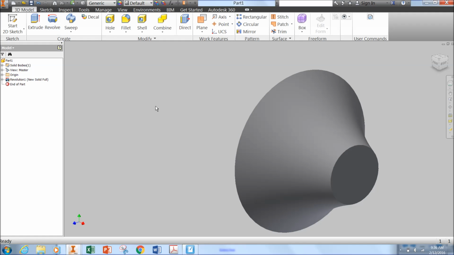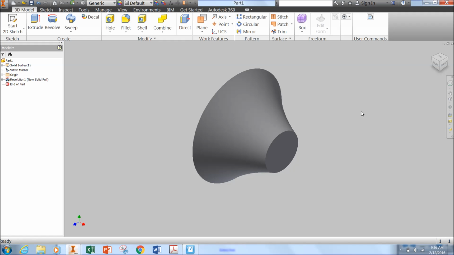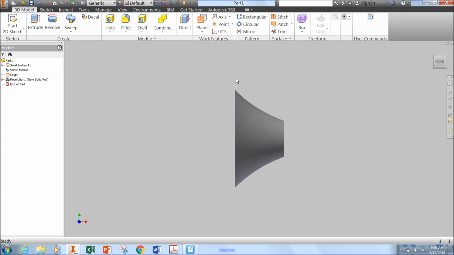Then we can reorient, and we can also observe from an angle that will show our three curves: e to the negative x, the x equals 0 and x equals 1 boundary lines, and the hidden boundary line is the y equals 0 that goes to the center of our revolution.